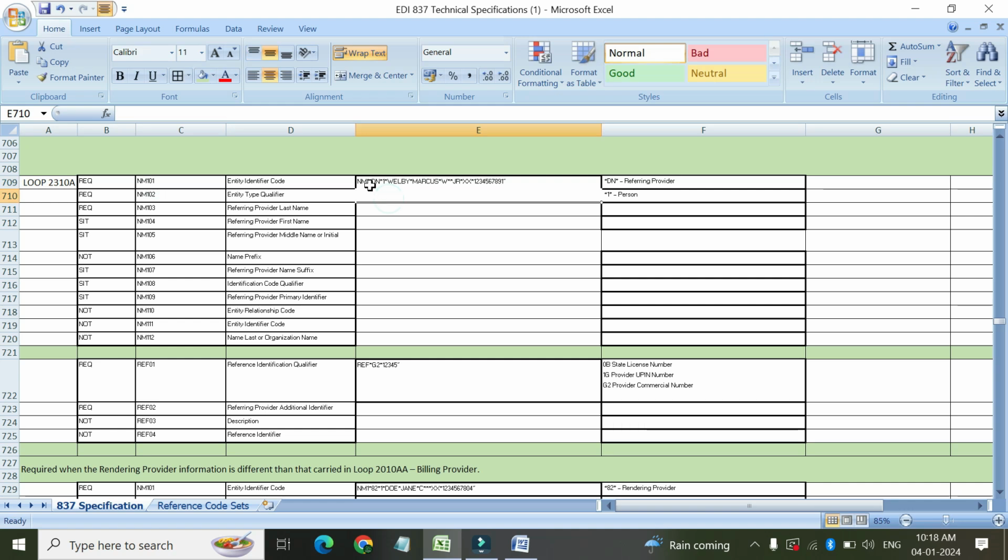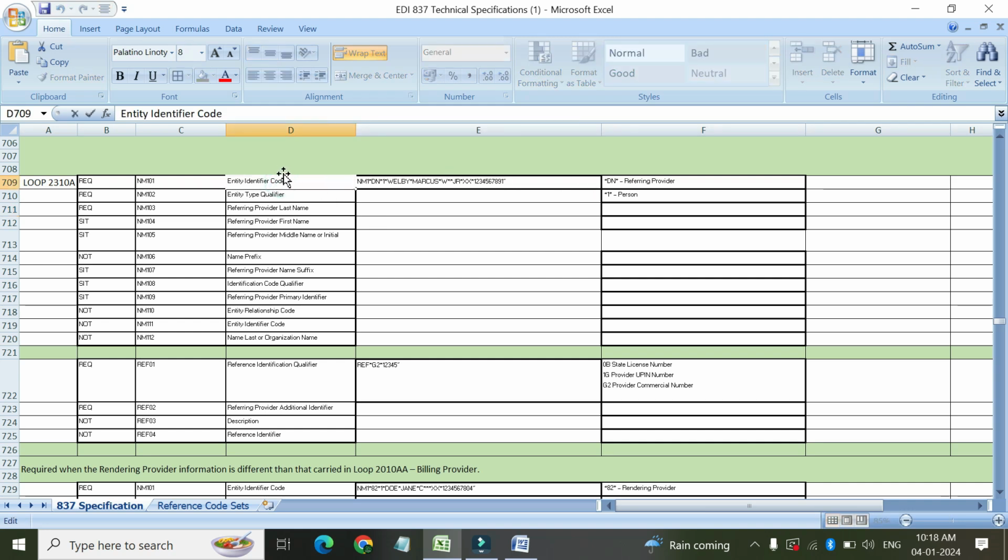And we have seen a lot of NM1 segments, so the structure and the order of the NM1 segment is the same. The first element of the NM1 segment contains the entity identifier code. In this case it is DN. DN means referring provider. Entity type qualifier: 1 is a person, 2 is a non-person. In this case it is 1. And then obviously the last name in element 3, first name in element 4, middle name if applicable, name prefix in 6, name suffix in 7, and so on.